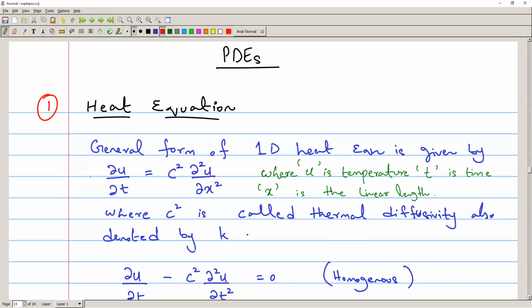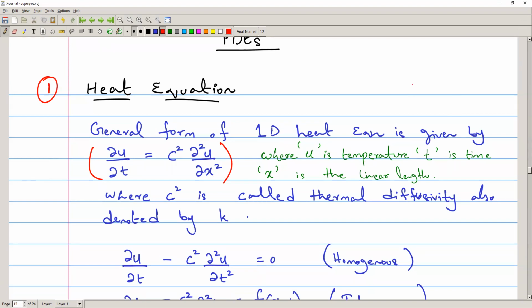So here is the general form of the one-dimensional homogeneous heat equation. We can see that ∂u/∂t equals c squared ∂²u/∂x². All right, so we are just talking about the transfer of heat in a rod of dimension x.